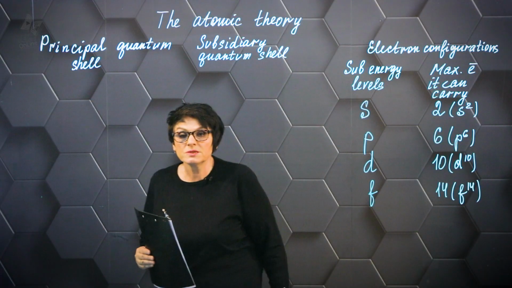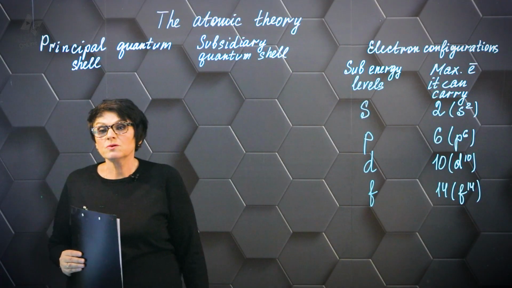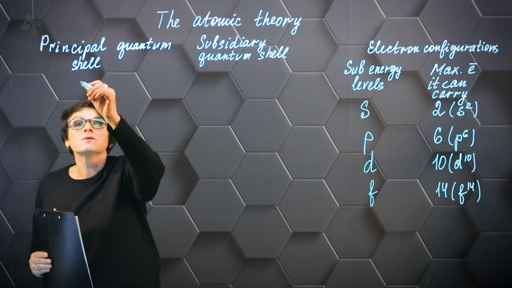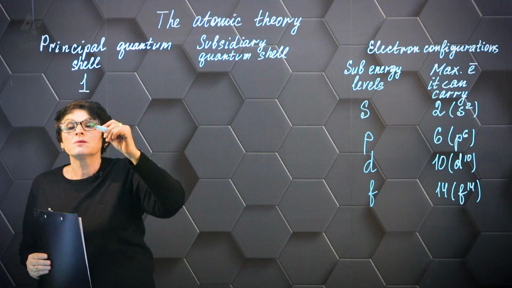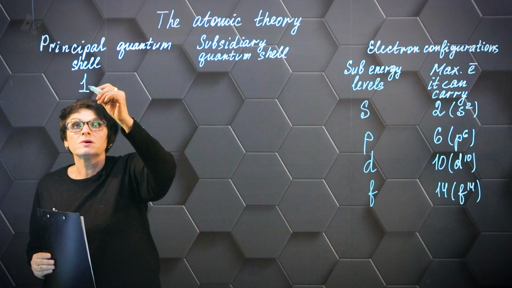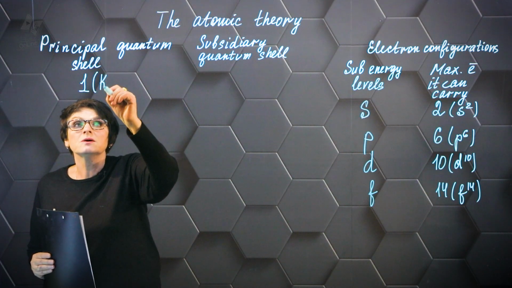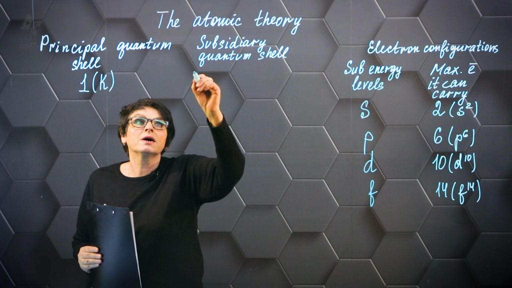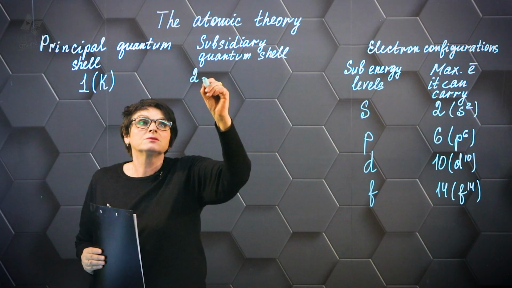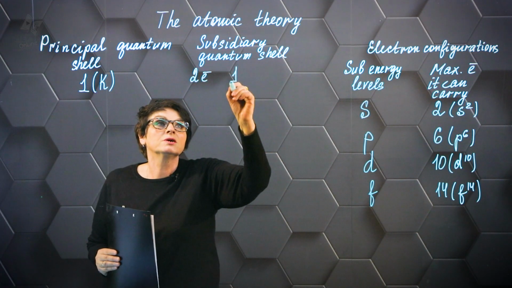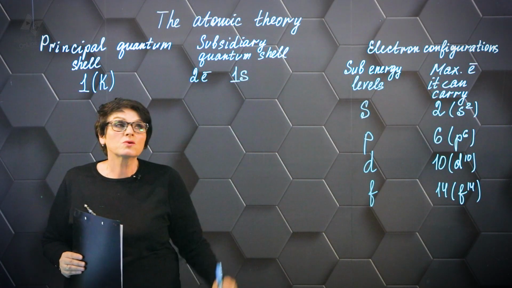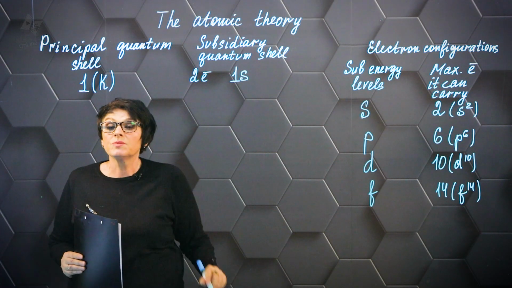Now, accordingly, there is a certain number of electrons at each energy level. At the first level, which is denoted by the principal quantum number 1, or as the letter K, there are only 2 electrons, and these 2 electrons will be the S electrons and will fill the first level S sublevel. For example, the elements hydrogen and helium will have this distribution.